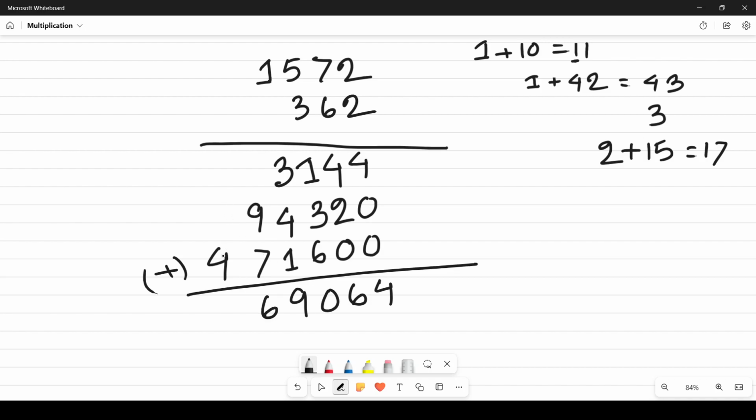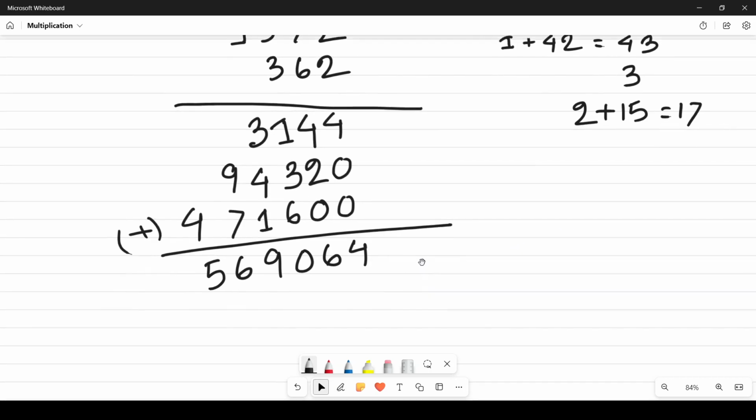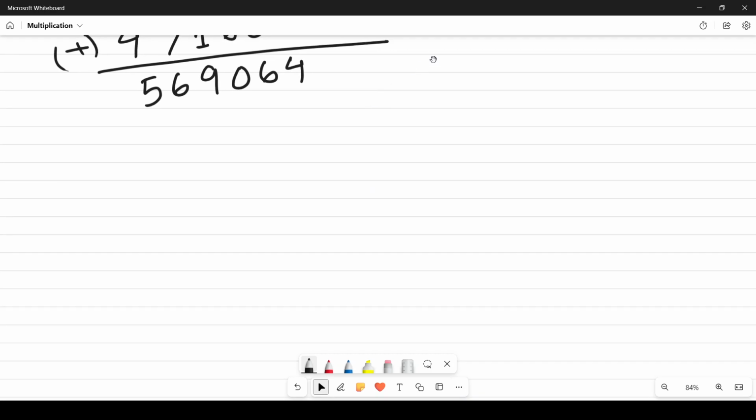We have 1 in our hand. 4 plus 1 is 5. So we get 569,064.